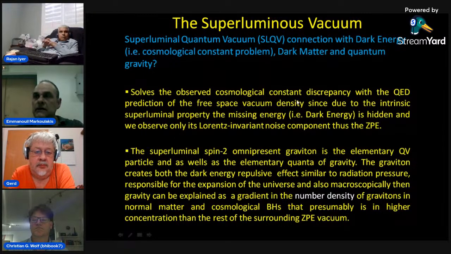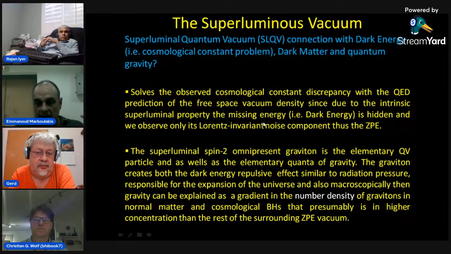This discrepancy is also called the worst prediction in physics, because quantum electrodynamics theory predicts that the vacuum energy density is 120 orders larger than the one actually observed by cosmological expansion of the universe.